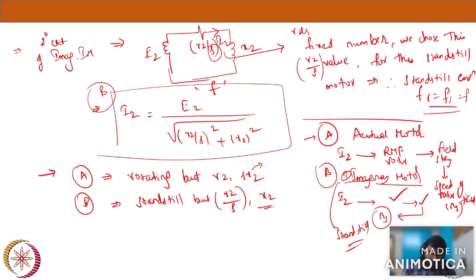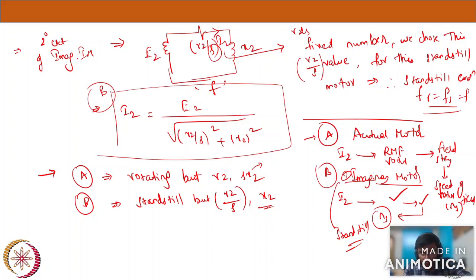Now our main discussion: why did we start this whole discussion? Because we wanted to know whether we can directly connect these primary and secondary circuits if we have a slip in the picture. So that's what we started our discussion with, right?